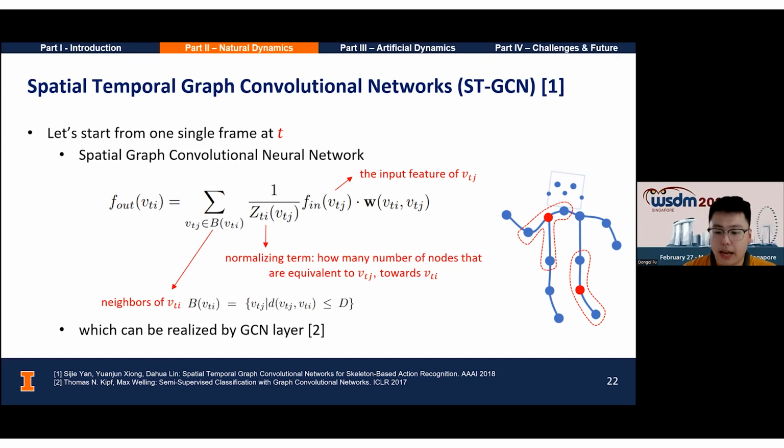B_ti denotes the set of neighbors of v_ti at time t. Those neighbors are selected based on the feature distance as shown in this equation.